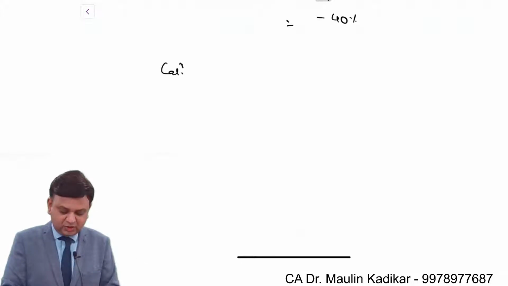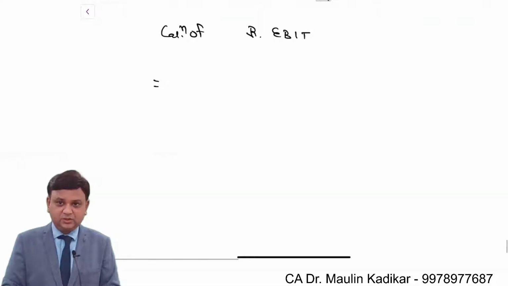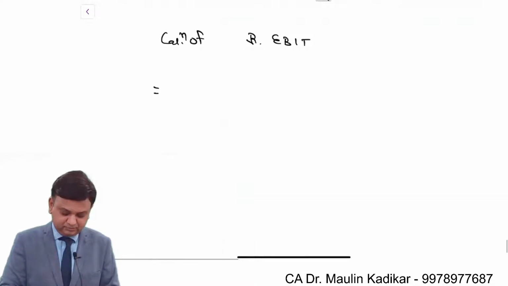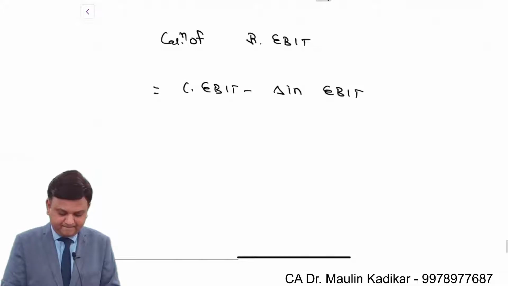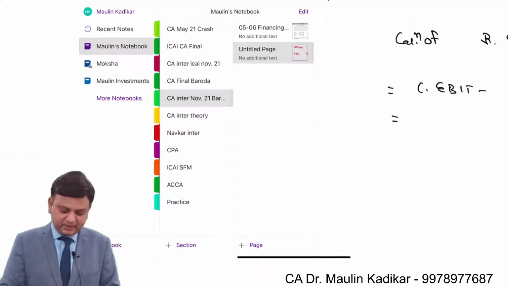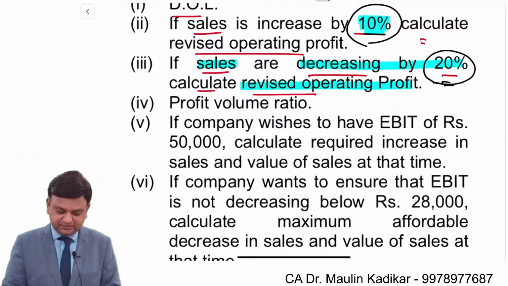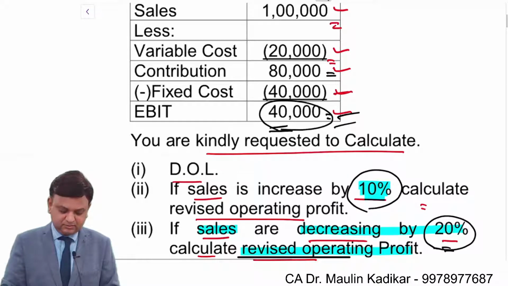So calculation of revised EBIT is equal to current EBIT minus change in EBIT. The current EBIT is 40,000.